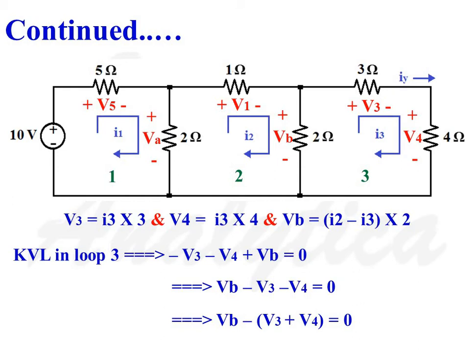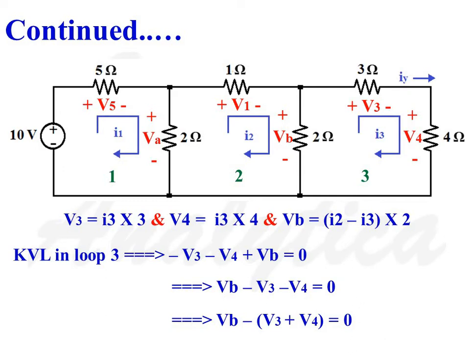In the third loop, there are three voltage terms. Voltage drop across 2 ohms resistance, which is denoted as VB, which is equal to 2 into (I2 minus I3). Voltage drop across 3 ohms resistance, which is denoted as V3, which is equal to I3 into 3, and voltage drop across 4 ohms resistance V4, which is equal to 4 into I3.